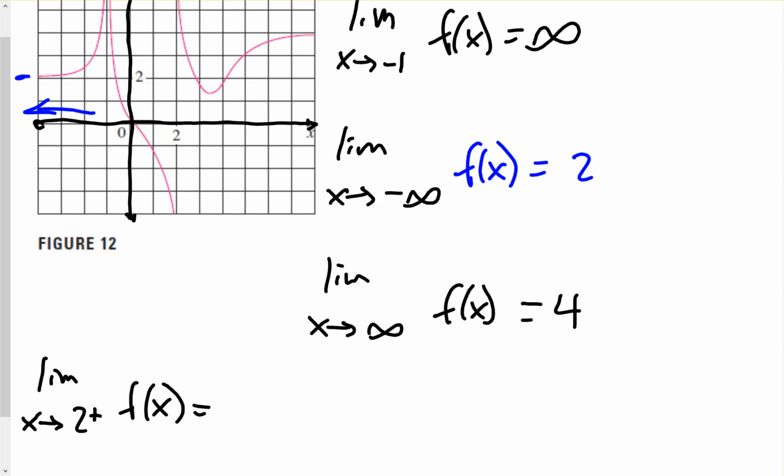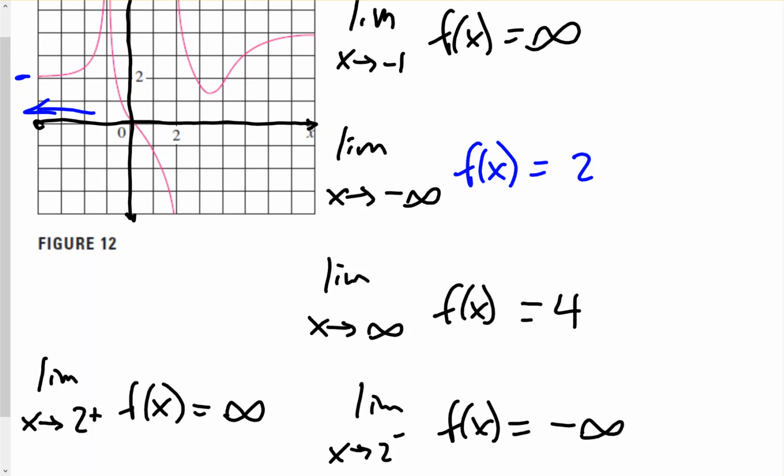That would be approaching infinity. And then the limit as x approaches 2 from the left, it's going to go downwards. So that would be negative infinity. Alright, any questions on that? Just bring it up in class or email me.